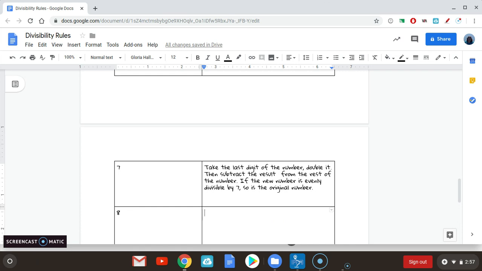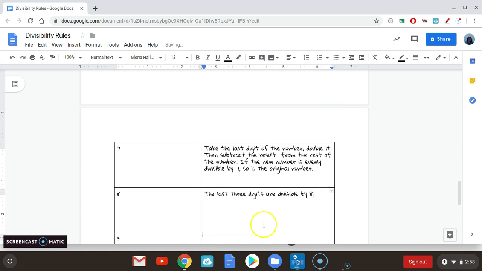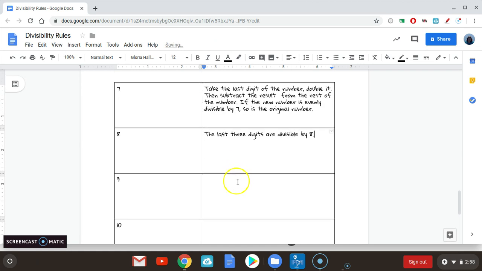For 8, a number is going to be divisible by 8 if the last 3 digits are divisible by 8. When we looked at 4, we looked at the last 2 digits. For the last 3 digits, we're going to just look and see if it's divisible by 8. So we just divide out 3 values instead of 6 values.